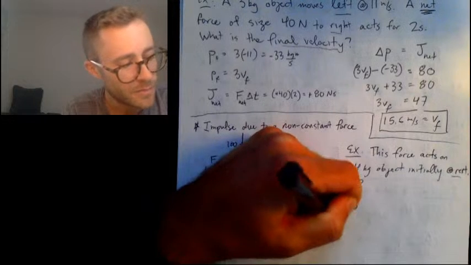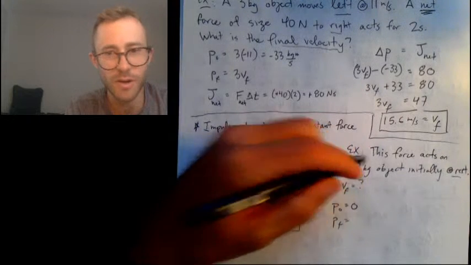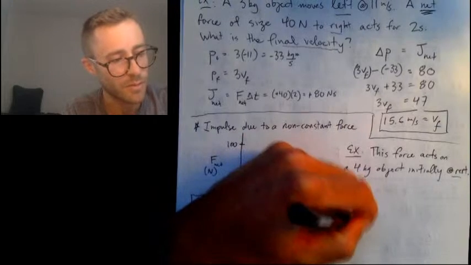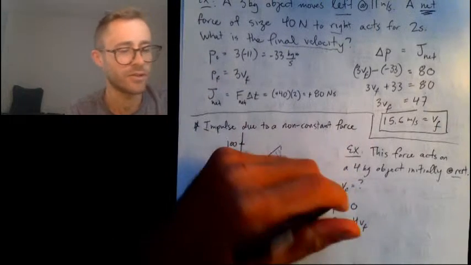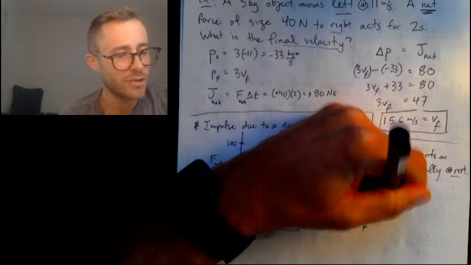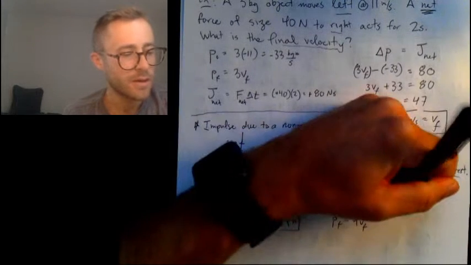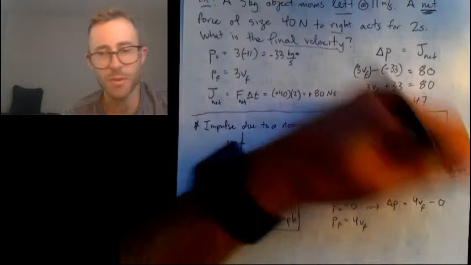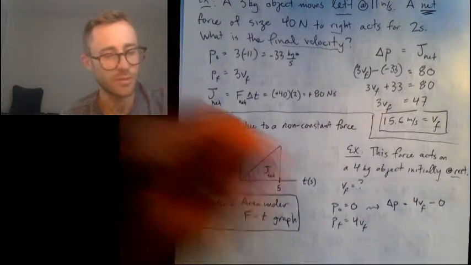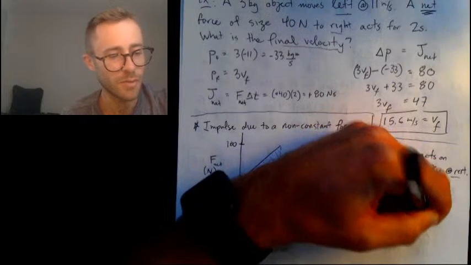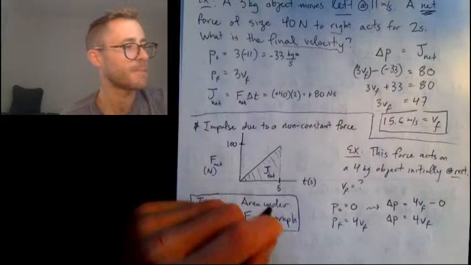The final momentum is a 4 kilogram object moving at a certain speed, v final, so 4 v final. We're leaving that as a variable. So the change in momentum is final momentum minus initial momentum. Because we're subtracting 0, that doesn't do anything. We just get final momentum as 4 v final.